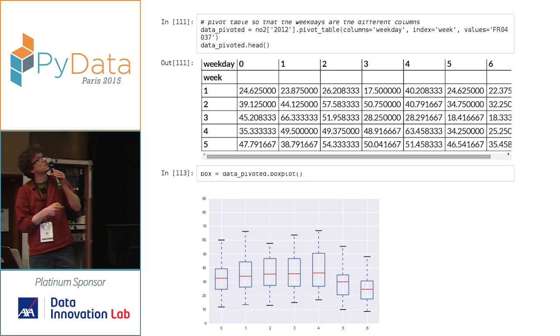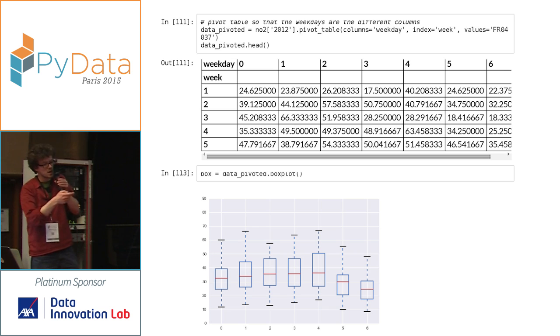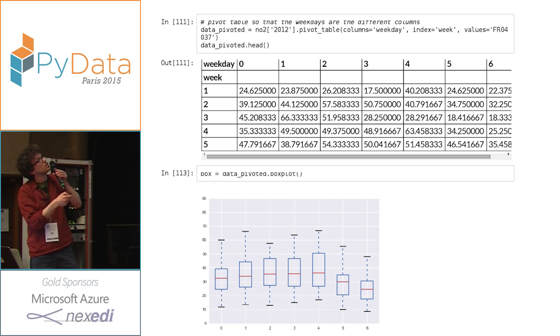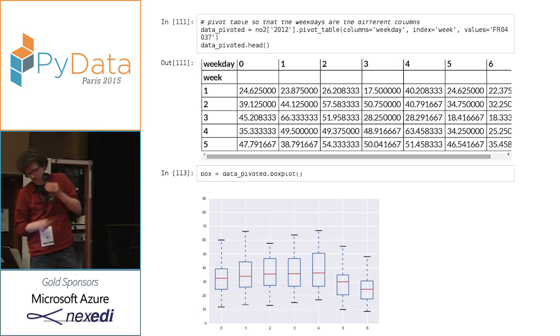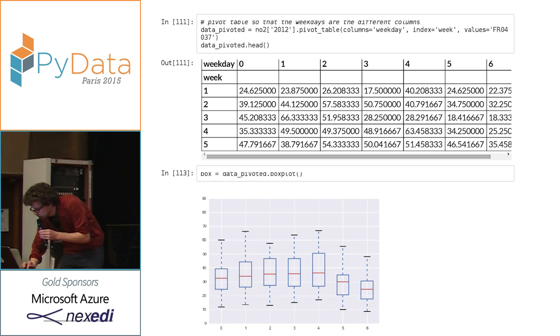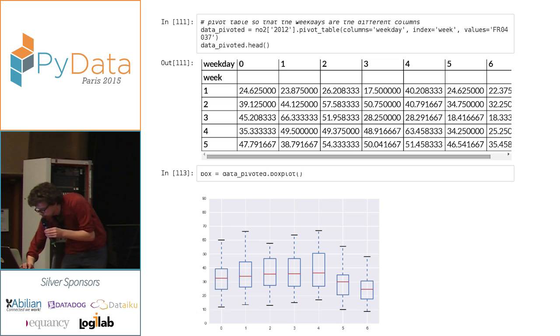I want the different weeks over my full data set, so the 52 weeks of every year, as the different rows. And for the values, it's not visible here, but I took one station, and by default the pivot table will take a mean of it. And if you then take a box plot of this, you get something like this.